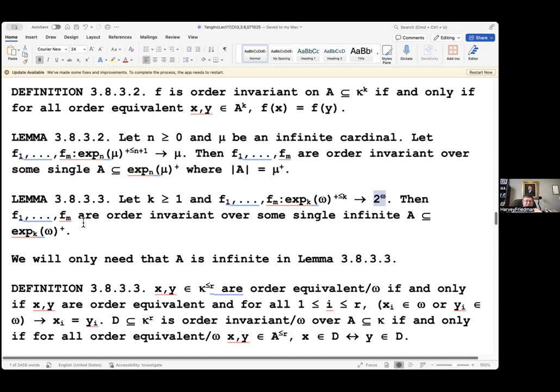And then this is a trivial special case of this, just changing the notation around. You have to match up the numbers. This has been reduced by one, because it's going to be k minus one to the 2 to the omega to match this. All right. Now, actually, in this work, we will only use that A is infinite to do these things.